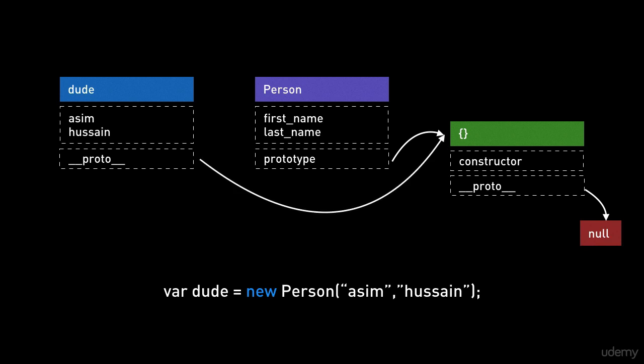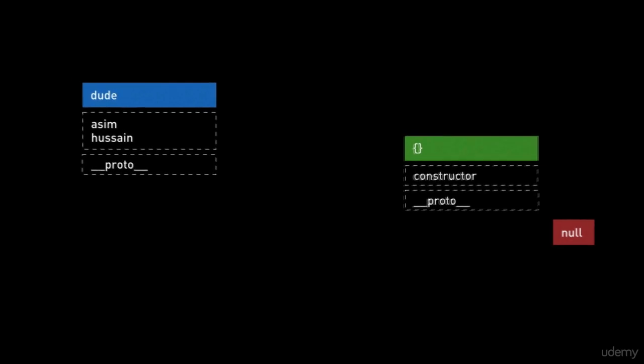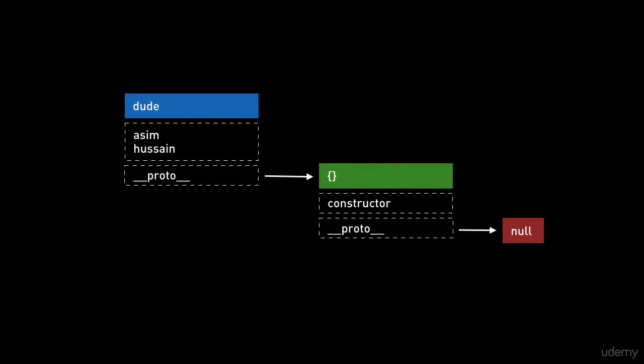So it points to the same thing the prototype property on the Person function constructor points to. So eventually, when the object is constructed, this is what it ends up looking like. It ends up having a prototype chain where the dude instance points to the prototype of the function constructor which was used to create it, and again down the chain until you reach null.